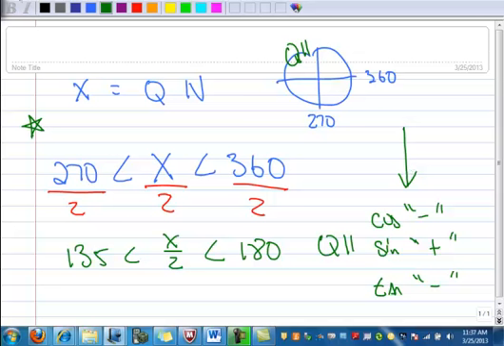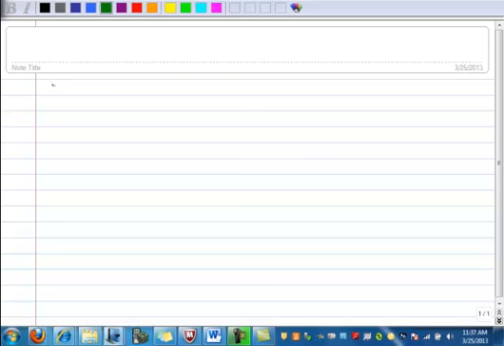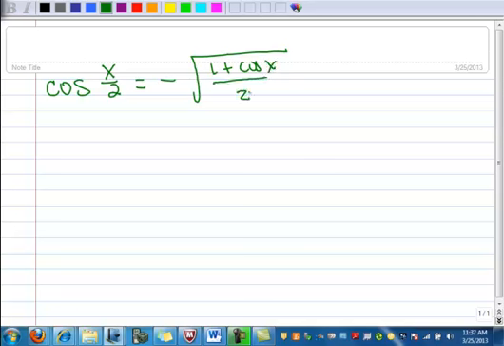Alright, let's go ahead now and work cosine. So we wanted the cosine of the half angle, and I don't need to put the plus or minus there. I know it's going to be minus because I just went through that exercise. So we have the square root of 1 plus the cosine of x all over 2. This is going to look really familiar because a lot of it's the same.